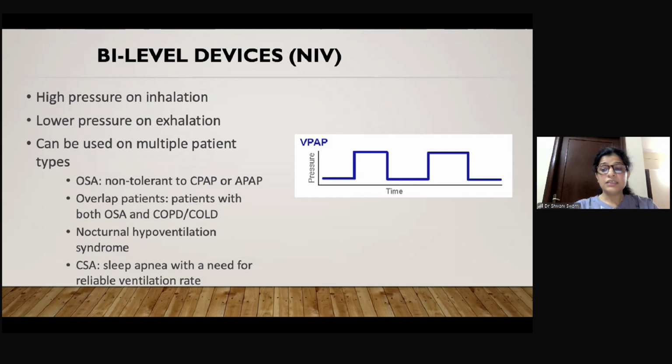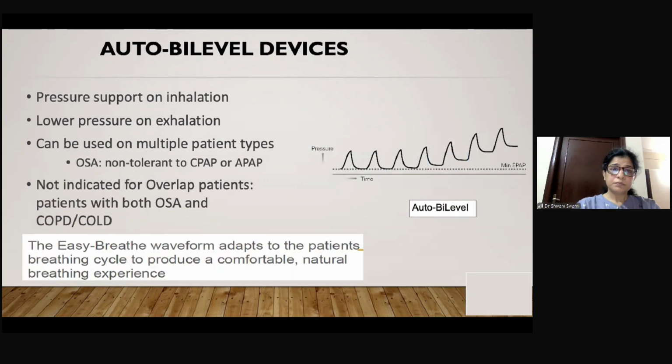However, again, this can only be achieved after we've done a manual titration and we found that the patient has been non-tolerant to PAP therapy in terms of CPAP or auto CPAP because of very high pressures, or patients who have overlapping COPD and OSA, patients who have nocturnal hypoventilation syndrome, patients who have restrictive lung diseases, or very often patients who have central sleep apnea, wherein we may need to actually give them a backup rate.